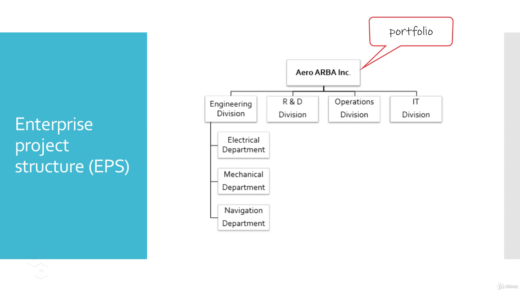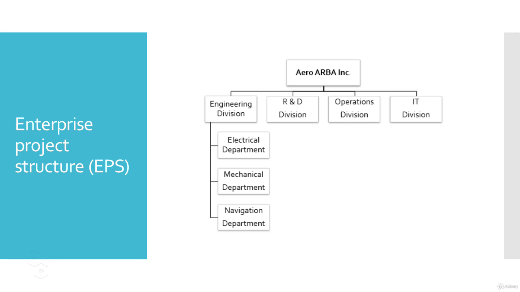Now, for example, if we take the engineering division, we can further divide it into subdivisions or departments such as electrical, mechanical, and navigation departments.